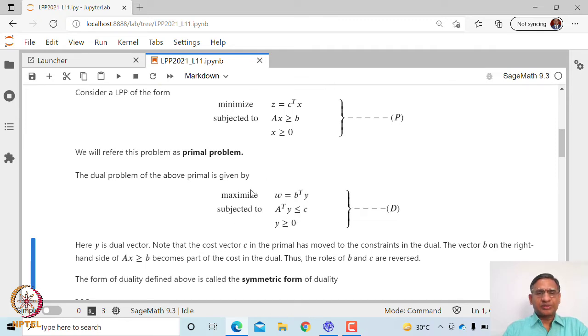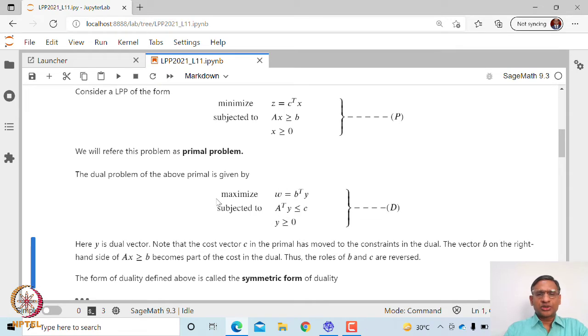The dual of that has become a maximization type of problem subject to A transpose y ≤ c. So greater than or equal to has become less than or equal to, b has become c, and c has become b. And of course the new design variables are also non-negative. This is what is called the dual of this primal problem P.